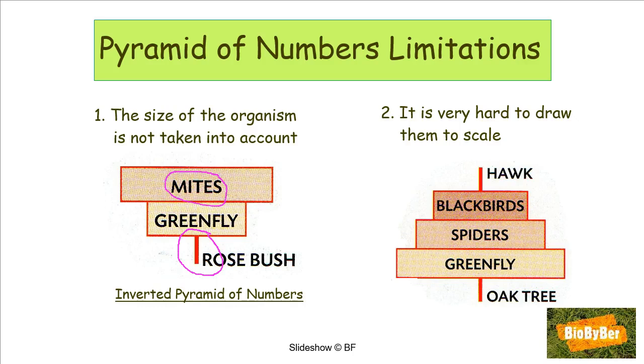If we compare the number of mites, which are little parasites, to the rose bush, well, we've only one organism which is very, very large and thousands of tiny little organisms. So it is very hard to draw a proper pyramid when we want to keep this in mind.